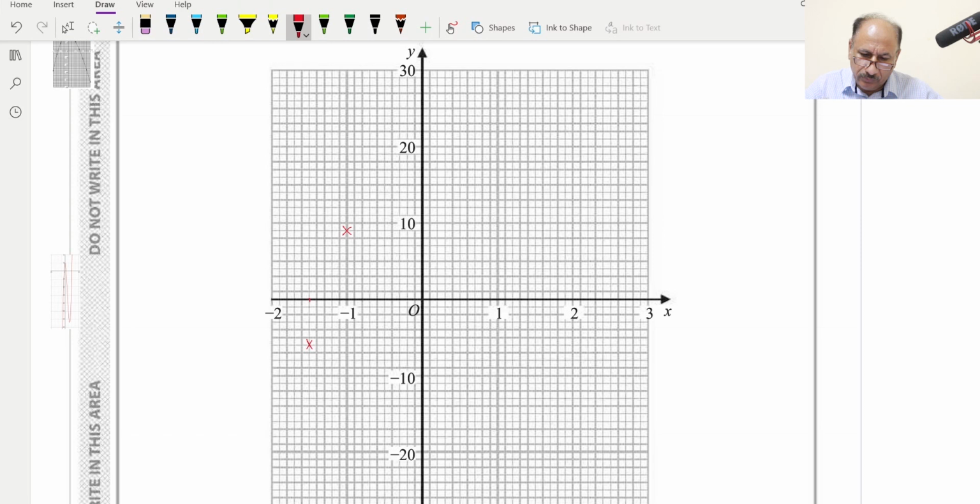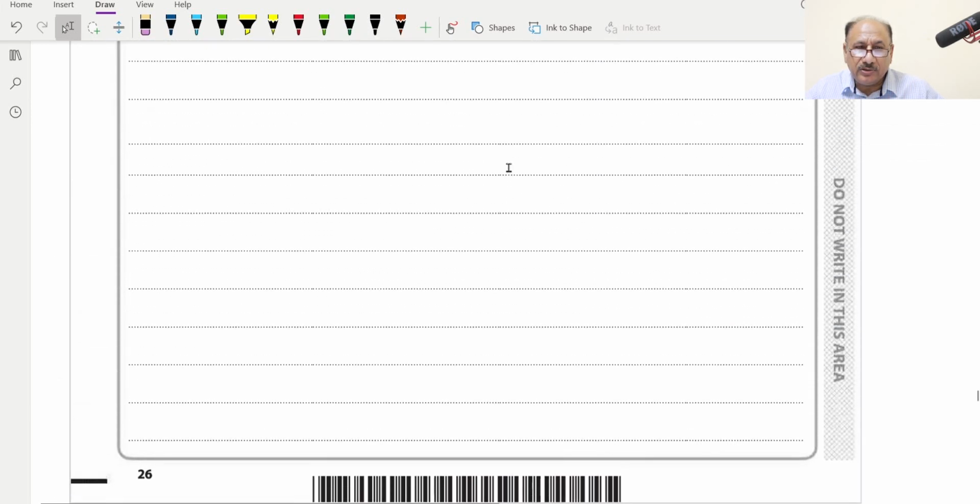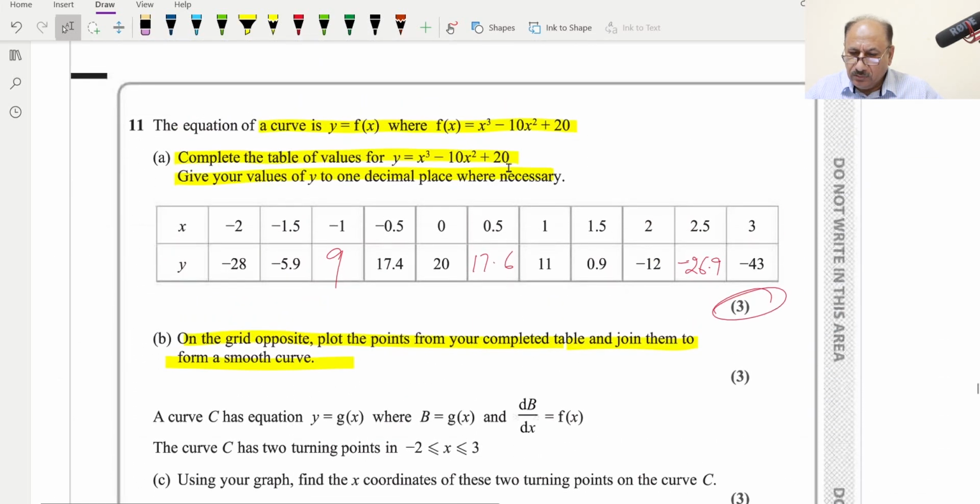17.4. 10, 11, 12, 13, 14, 15, 16. 17.4 will be roughly over here. So the next point is 17.6, roughly there.